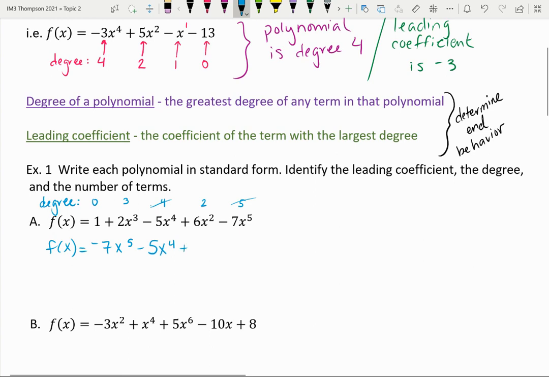Degree 3, plus 2x cubed. Degree 2, plus 6x squared. And then I don't have a degree 1, but I do have a degree 0, which is just the constant at the end, plus 1. That's standard form.